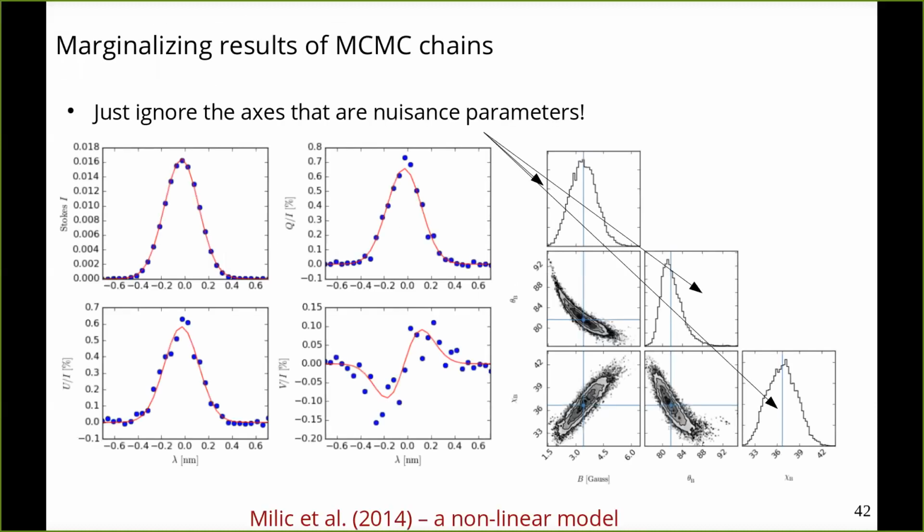And now you maybe understand how these things came to be. I'm interested in 3 parameters here, and my walkers are walking through the 3-dimensional space. When I want to find these marginalized distributions, I'm just going to ignore 2 axes and focus on the one that interests me.